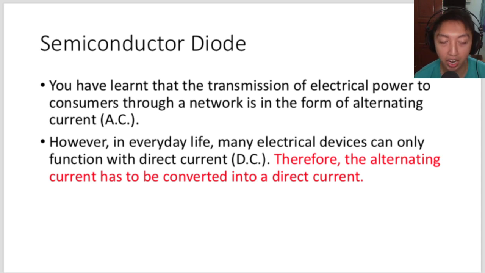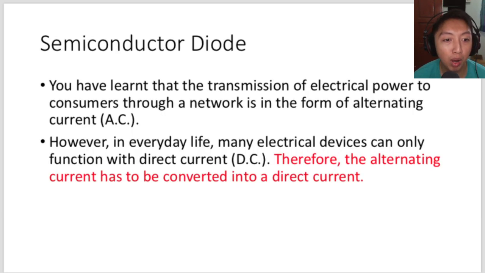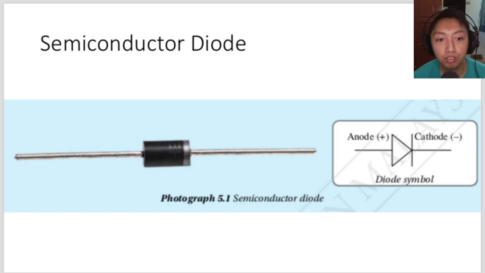Your phone charger has a converter in it. Your laptop power adapter has a converter inside. We can convert AC power into DC power using what's known as a semiconductor diode.